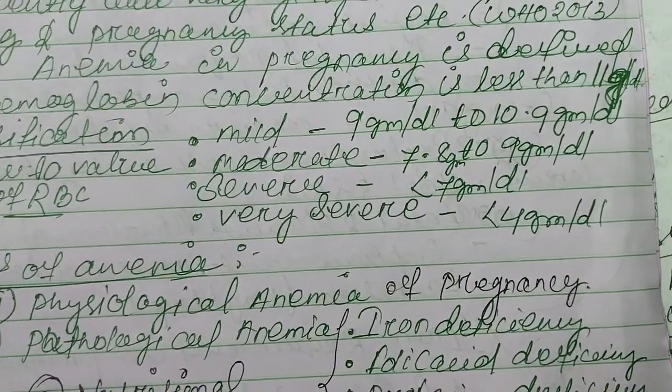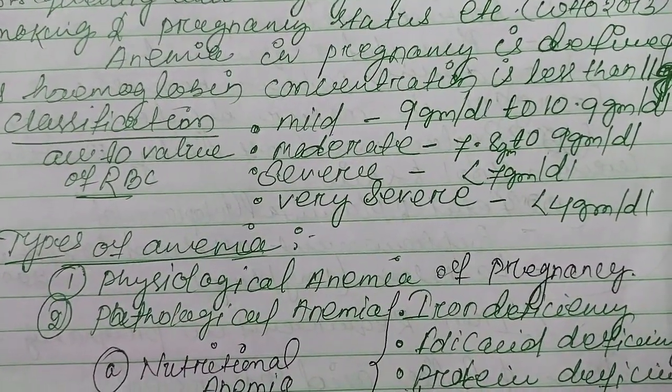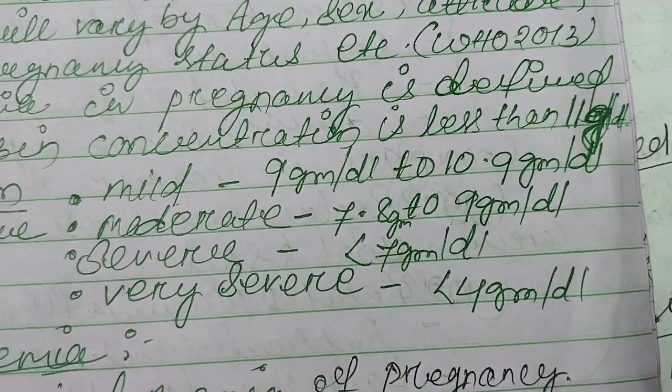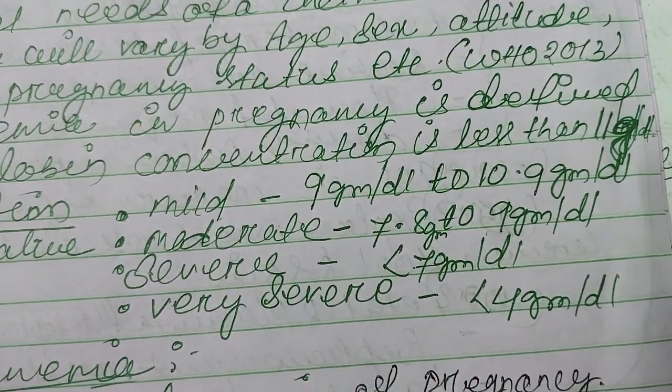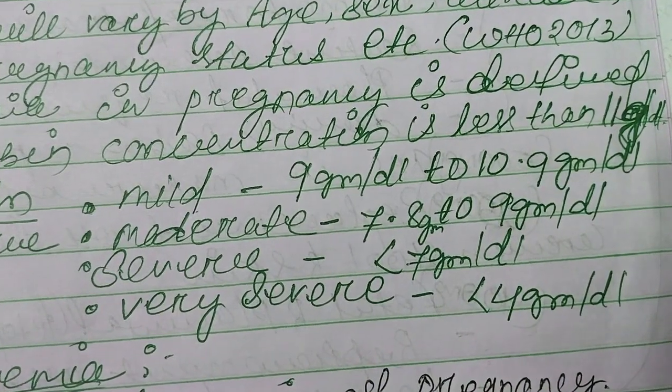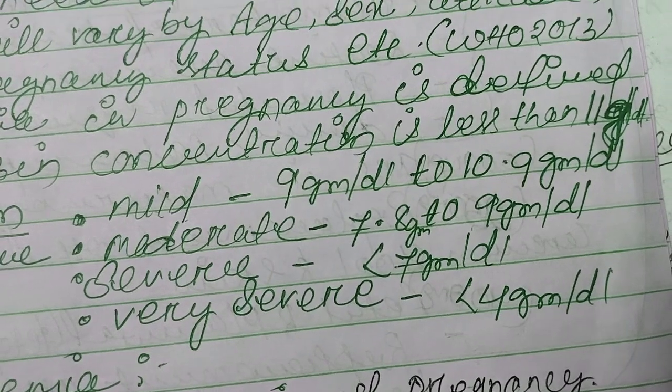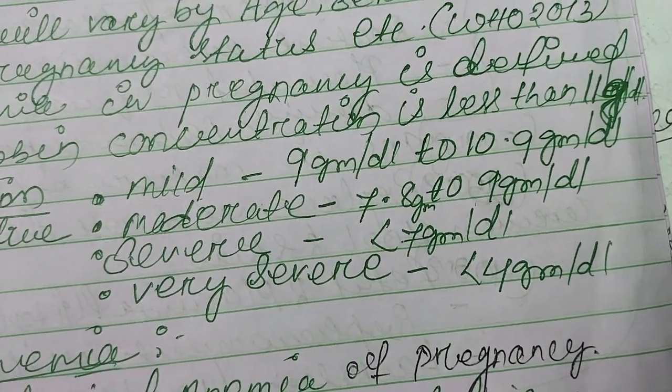So these are the ranges: mild 9 to 10, moderate 7 to 9, severe less than 7, and very severe less than 4 gram per dl.